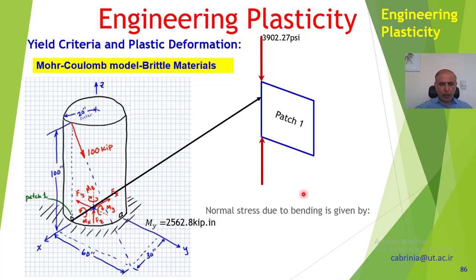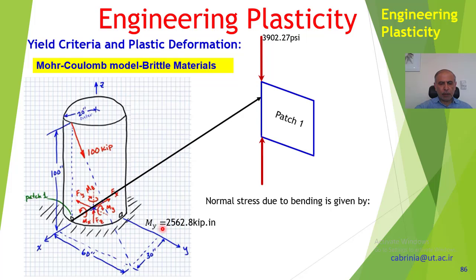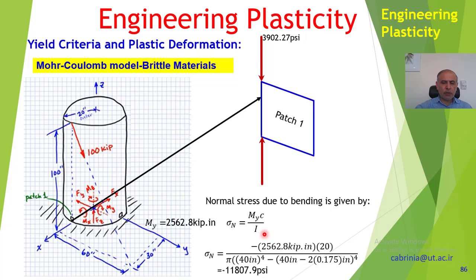Now again here we have the moments such as My, which is equal to 2562.8 kip-inch, and the normal stress due to bending is given by this formula, sigma n equals Mc over I. Substituting the values, My is negative because we usually take anticlockwise as positive and clockwise as negative, so minus 2562.8 kip-inch times c.